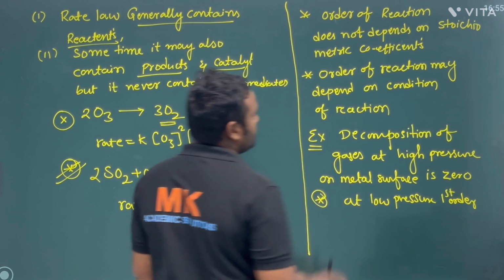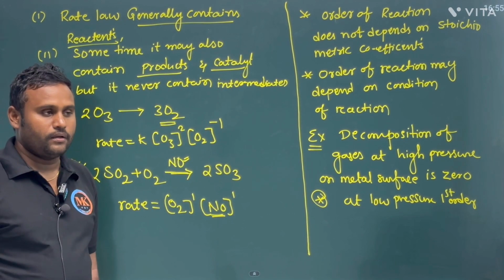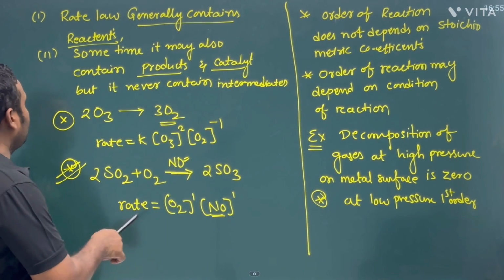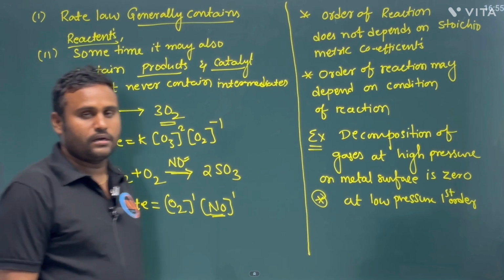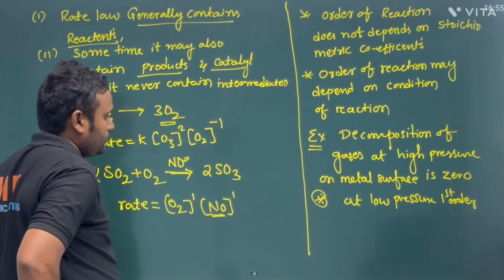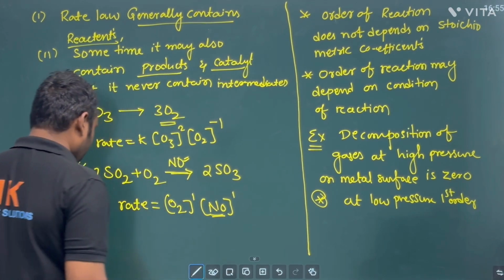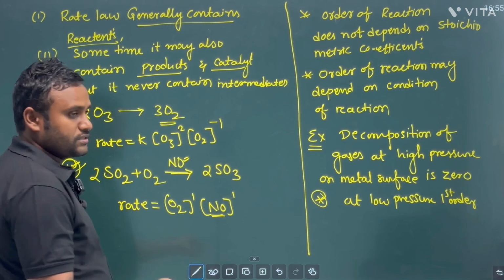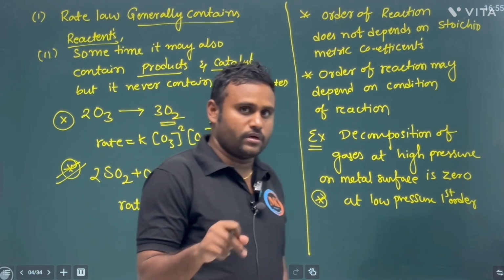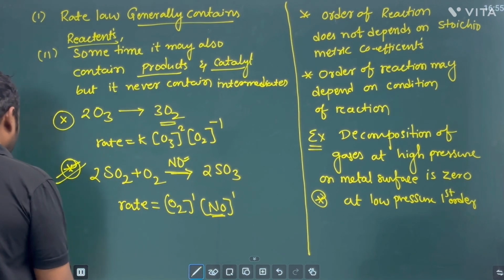Means depending on these conditions, it is going to change. Okay, so these are some important facts about the order of reaction. Next we will see zero order reactions. We will see what zero order reactions are, very important for the exam.